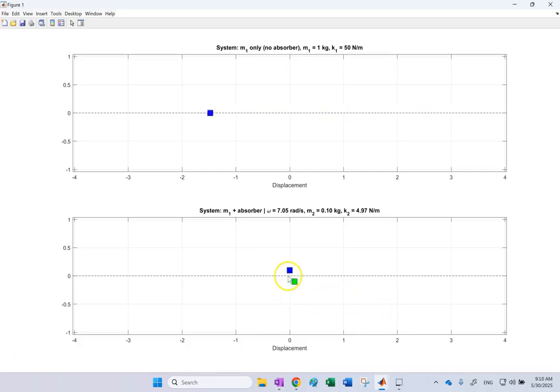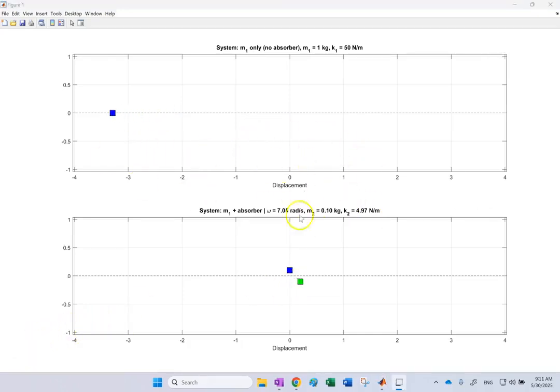And in the bottom one, look at the blue. Blue is still M1. It does not move at all. And the green one is M2, which does move, but much less than this one that you can see here. Look, right? So I could go from that huge motion of M1 to no motion of M1 and a much, much smaller motion of M2.